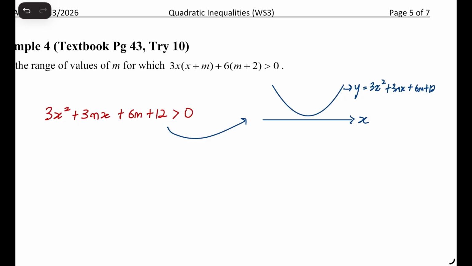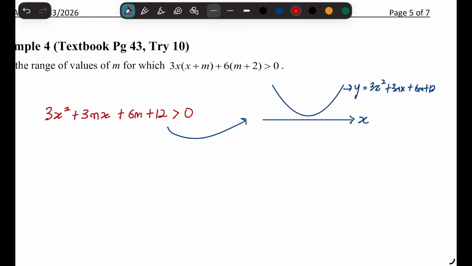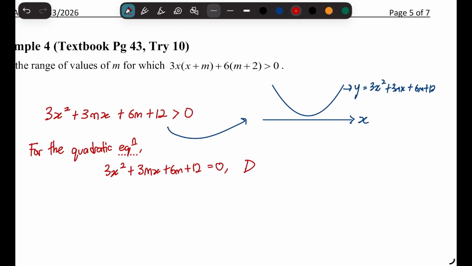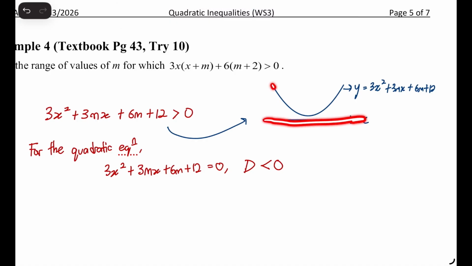So how does that happen? This means that for the quadratic equation, if I were to equate the equation of the curve 3x squared plus 3mx plus 6m plus 12 equals 0, the discriminant must be strictly less than 0 because the x-axis does not intersect with the curve.